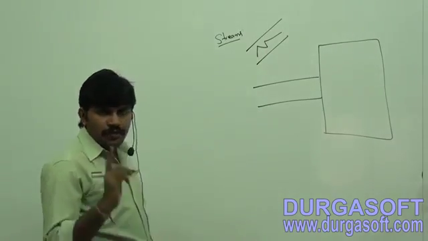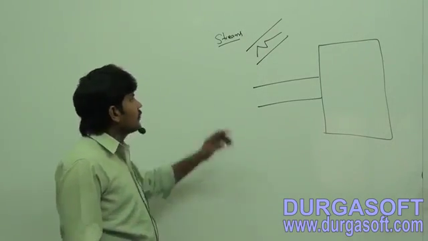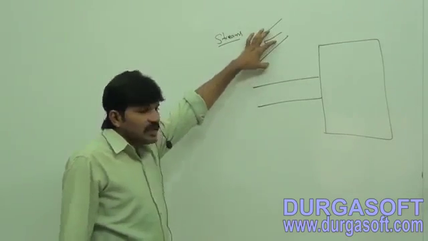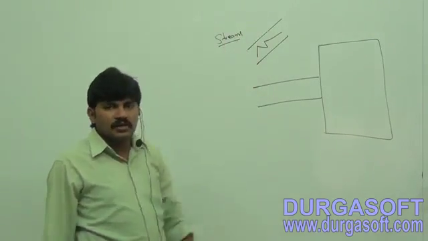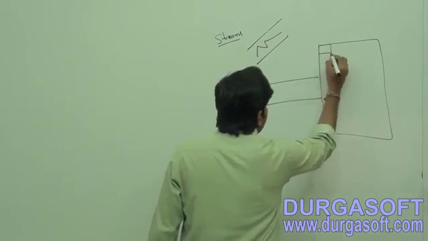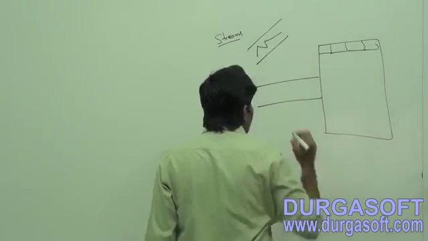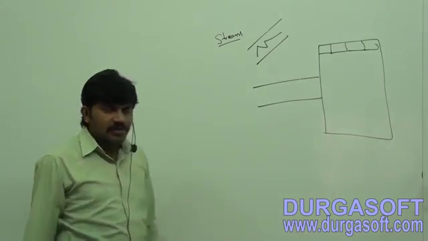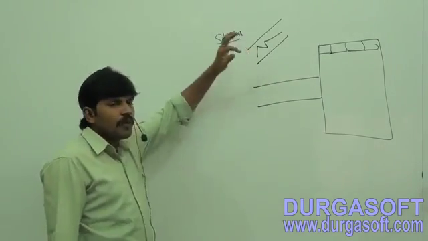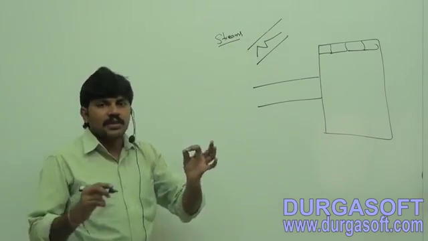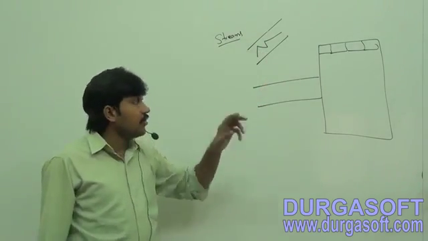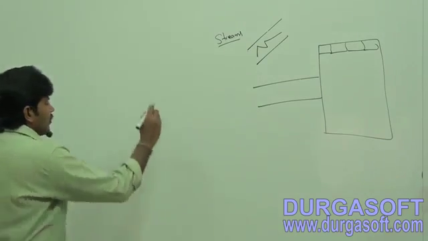If you want to handle data in terms of streams, either from the file or from the network, the best suitable concept is the byte data type, because the file supported form or network supported form is byte. Remember this one. That's why if you want to handle data in terms of streams, compulsorily we should go for byte data type, right?